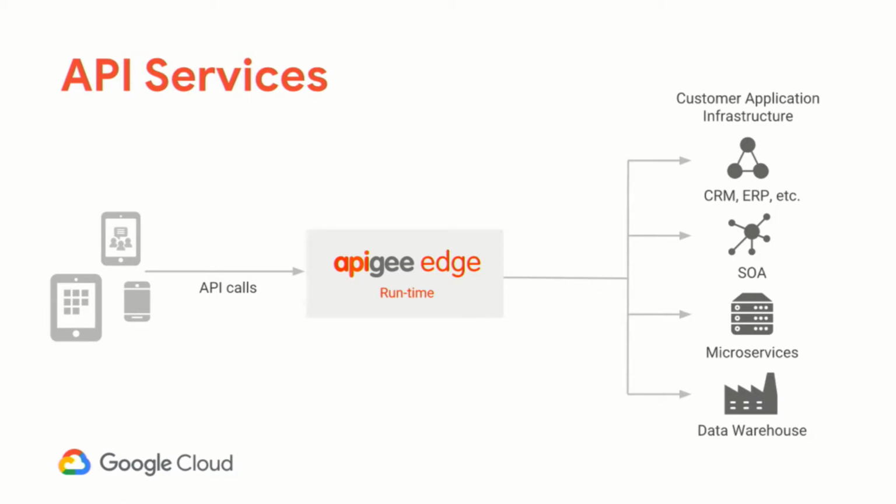So first, API services. Here you can see a super high-level overview that shows where the platform sits. The Apigee Edge runtime sits in between your API consumers and your back-end systems. And this facade pattern allows you to abstract a lot of the cross-cutting concerns that you would typically be building into your back-end services, things like security, throttling, managing SLAs with particular clients.